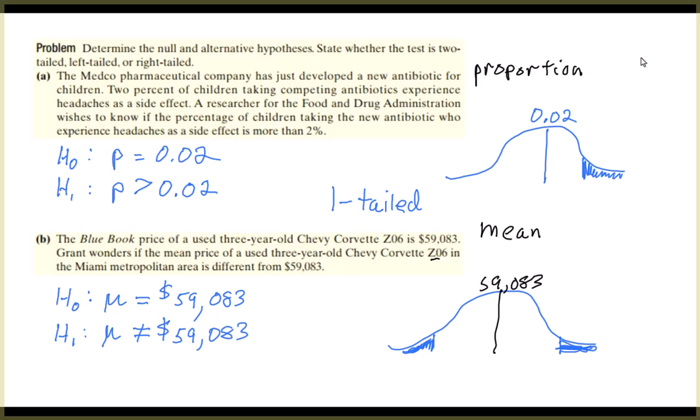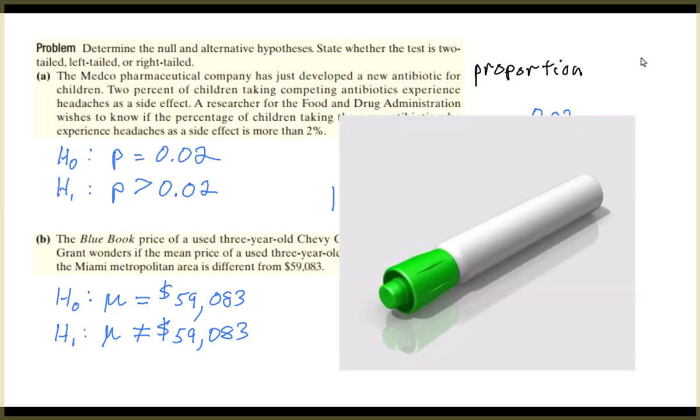Like up here on our first one, what's the alternative hypothesis? More than 2%. Different means it could be more or it could be less. When would that matter? When would you ever want just different? That doesn't seem so useful. If I'm manufacturing these markers, right?